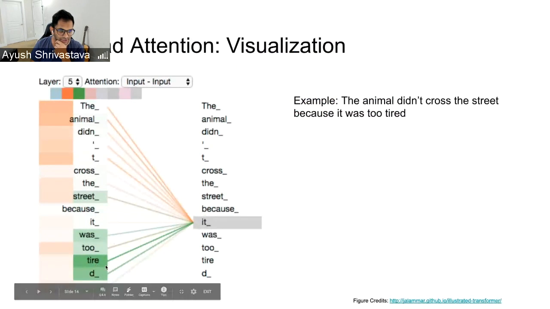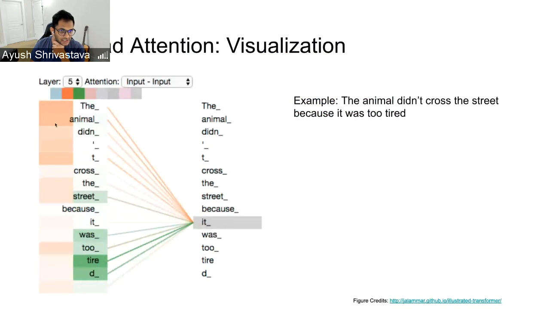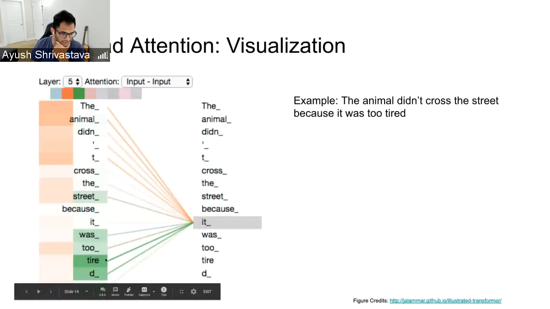So in a sense, the representation of "it" in one space consists of "an animal", and the representation of "it" in some other space is based entirely on "tired".